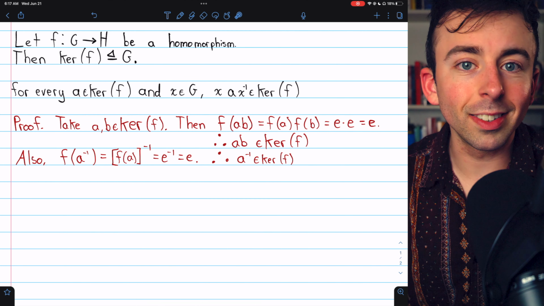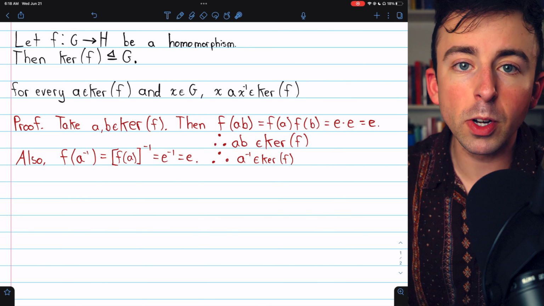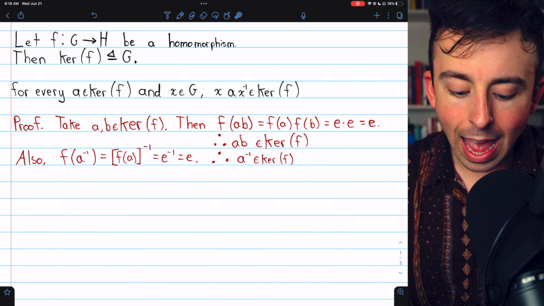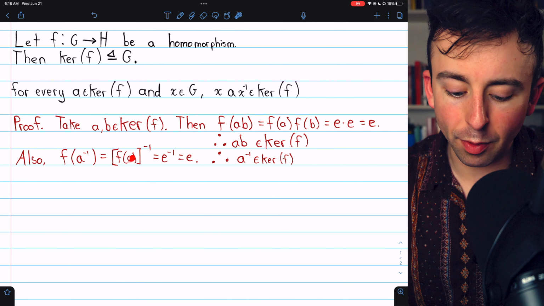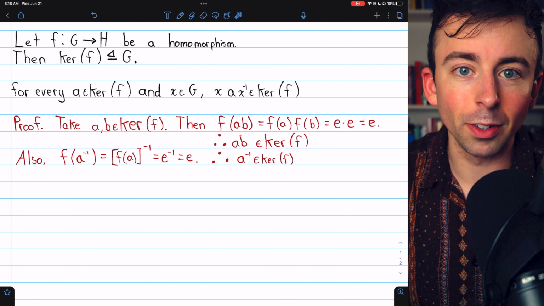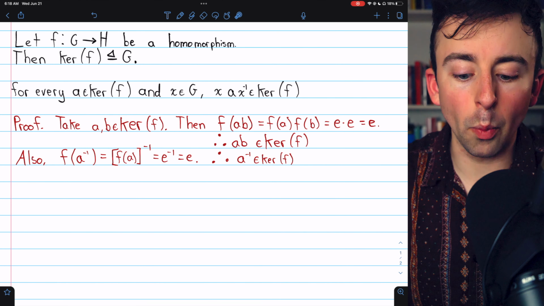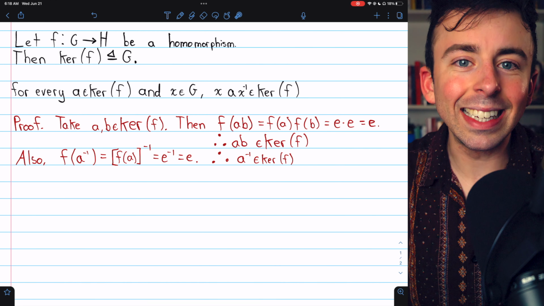To show the kernel is closed with respect to inverses, consider the inverse of our arbitrary element A. F of A inverse, we know, is the inverse of F of A, because homomorphisms map inverses to inverses. Link in the description to the lesson where we prove that property. Now, F of A, we know, is the identity.